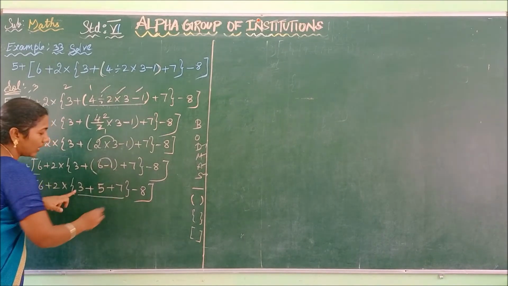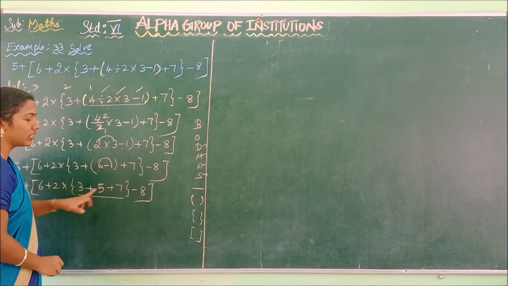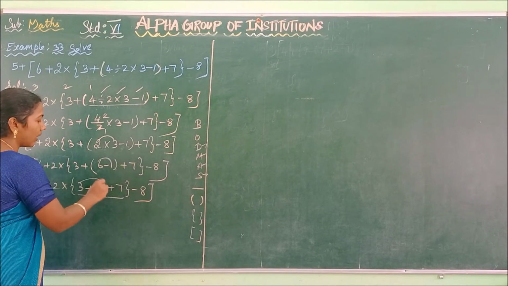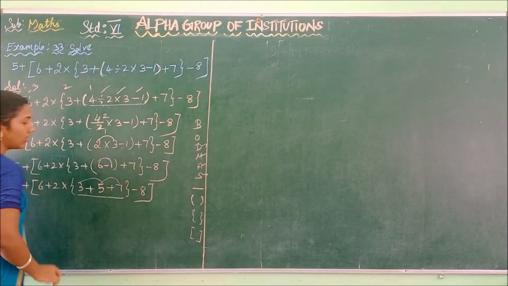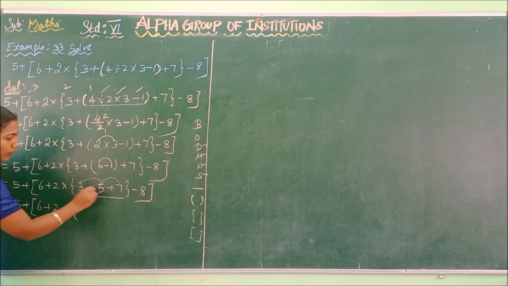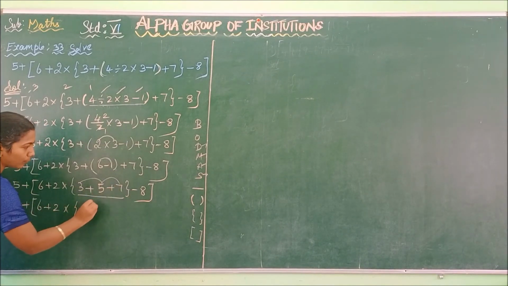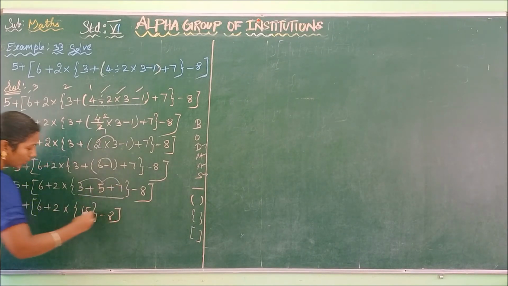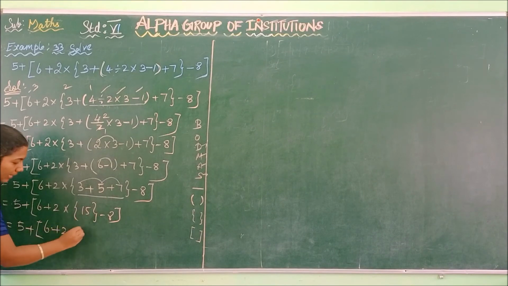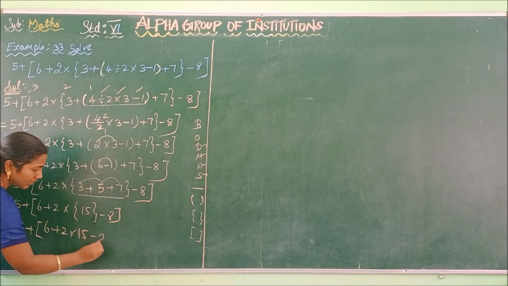Within the curly bracket we have 3 numbers with the same operation, addition. If it is one operation, you have to evaluate it. So 3 plus 5, 8, 8 plus 7, 15. So write the remaining numbers. 5 plus 6 plus 2 into, now into this bracket, 15 minus 8.